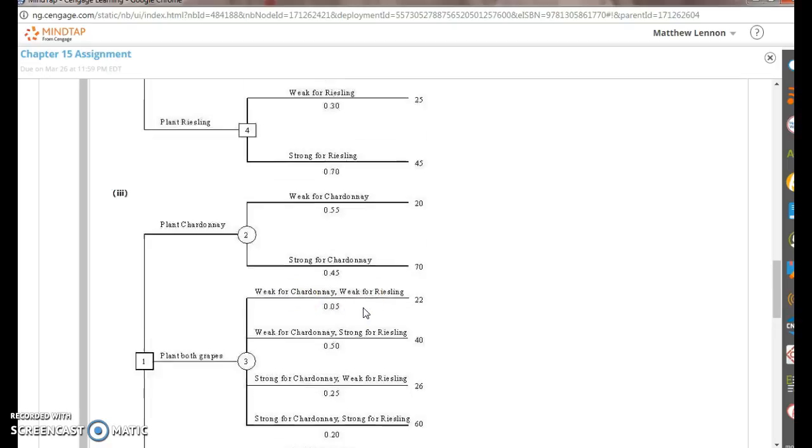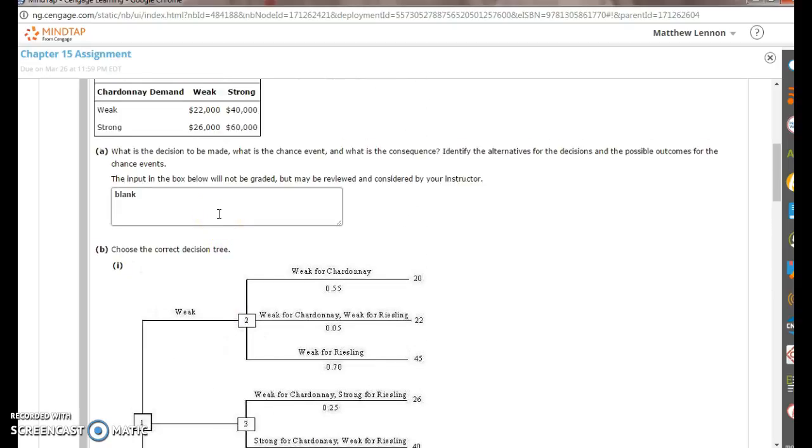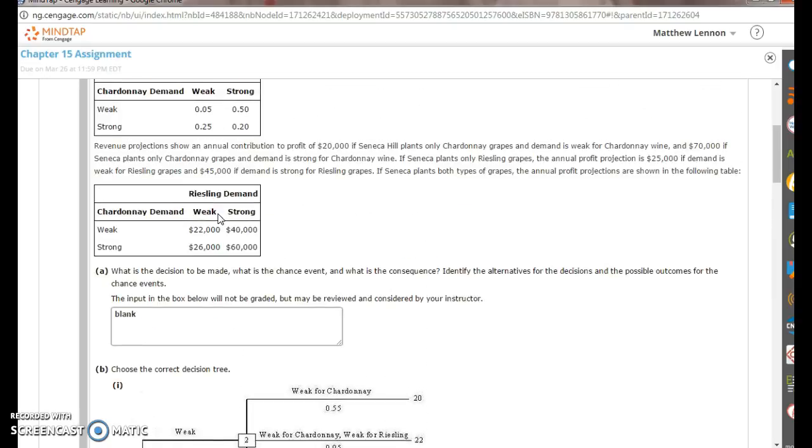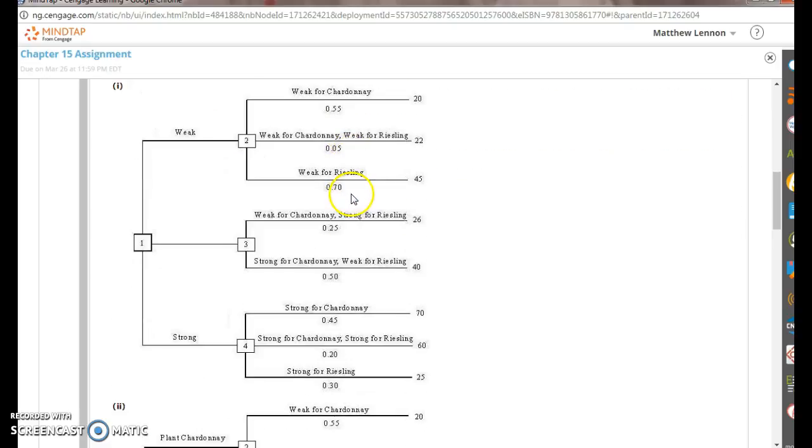Let's look at the table and figure out what weak for Chardonnay and strong for Riesling looks like. If you plant both grapes, weak for Chardonnay and strong for Riesling comes out to, so this is the Chardonnay demand weak and Riesling strong, should be 0.50. We get this value right here, 0.50. So which of those had 0.50?